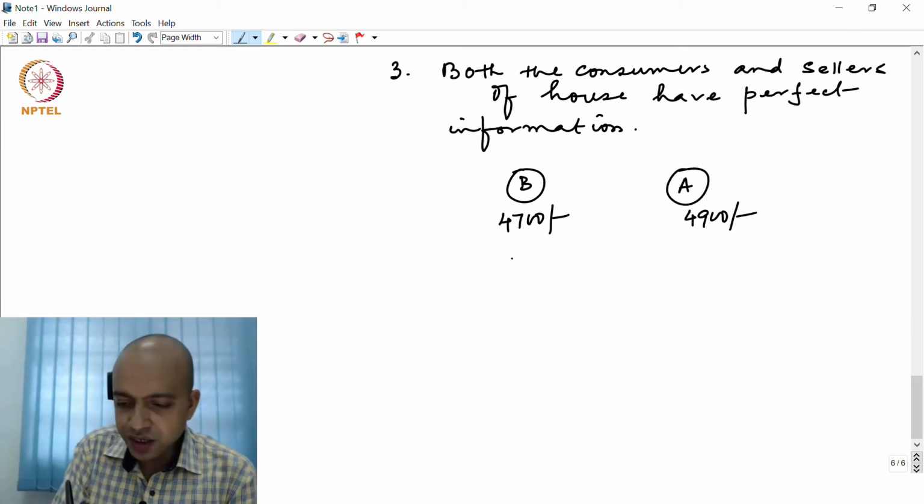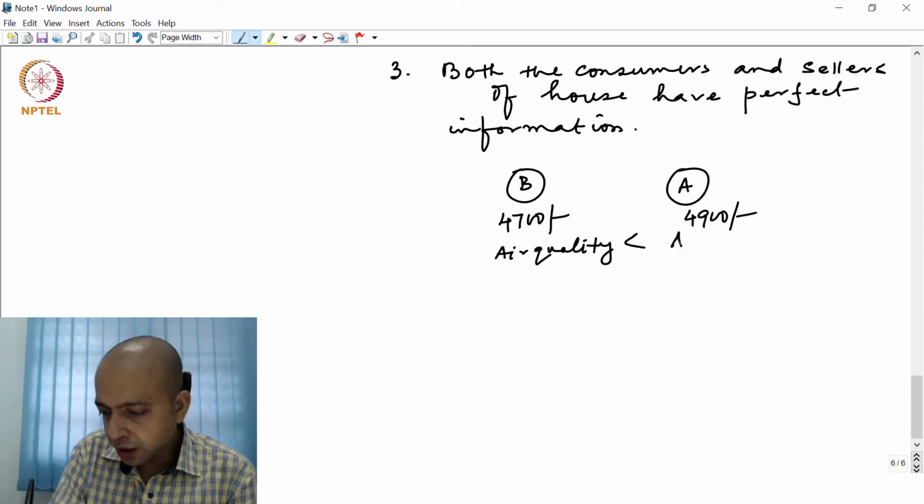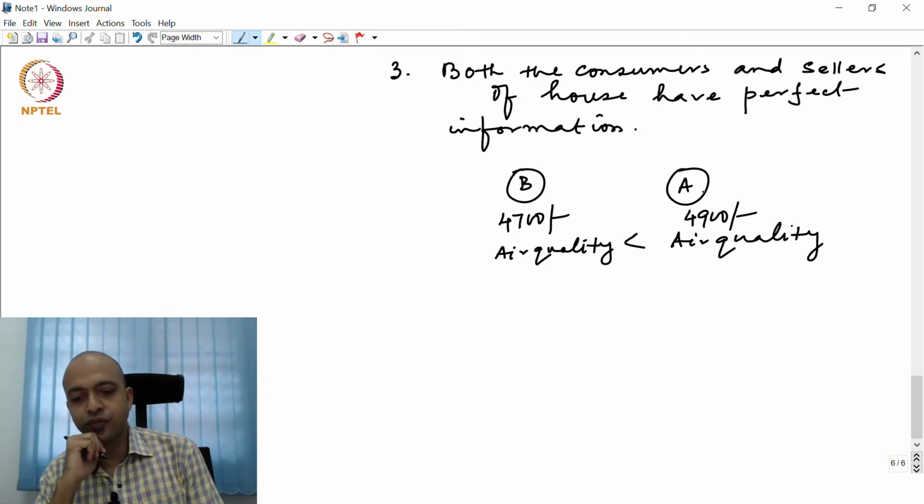The air quality here is less than the air quality in A. But the price difference is only 200.